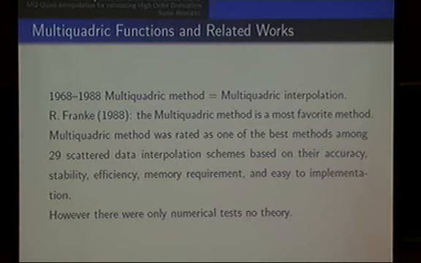It was rated as one of the best methods among 29 scattered data interpolation schemes based on accuracy, stability, efficiency, memory requirement, and ease of implementation. However, there were only numeric tests and no theory.